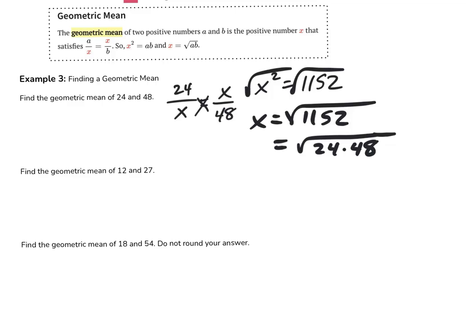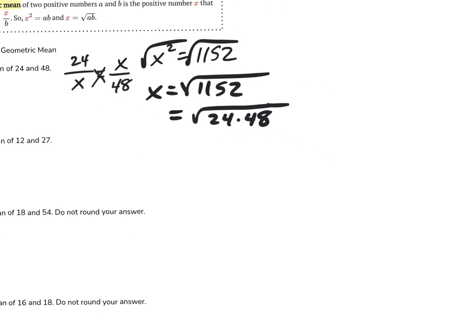What'd you say, Karthik? 24. Yeah, 24 times 2 gives me 48. So I could rewrite this as this, because this gives me this, okay?